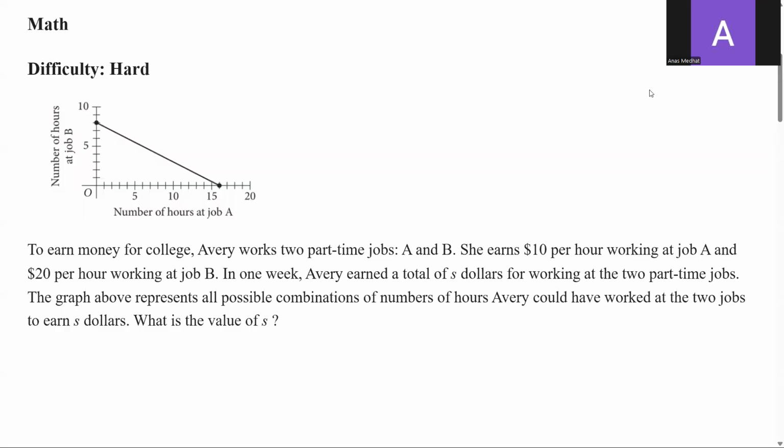If we make an equation for this, she earns $10 for 1 hour.